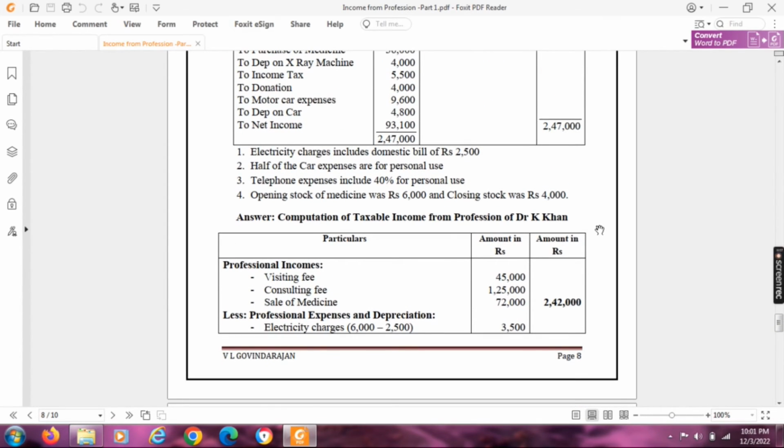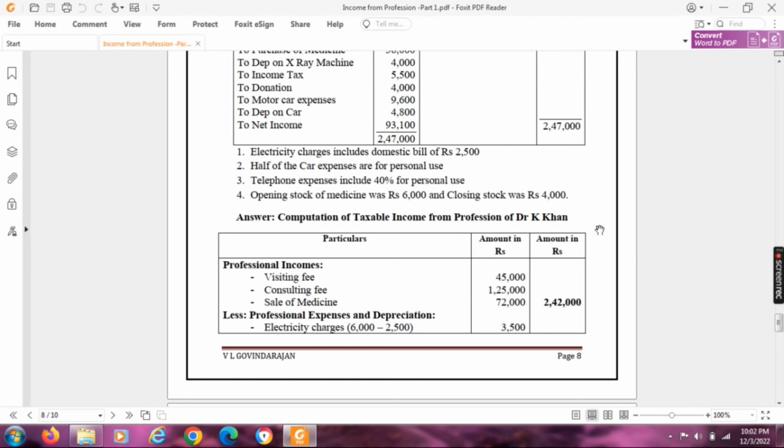Electricity charges include a domestic bill of 2,500. How much electricity charges? 6,000. Out of 6,000, 2,500 is personal nature. The balance 3,500 only is professional nature, that should be deductible. Next, half of the car expenses are for personal use. How much car expenses? 9,600. 50% only is applicable as professional nature, that should be deductible.